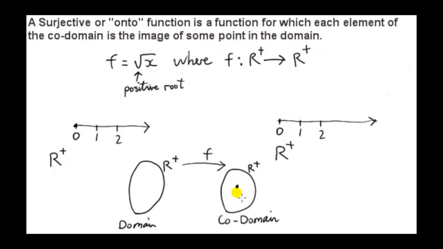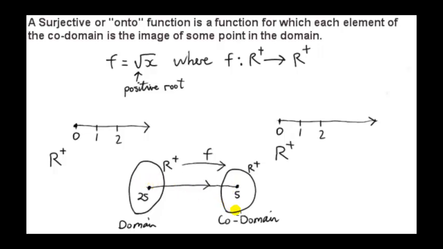So for example, let's take the element 5 in the codomain. That's a positive real number. It's obvious that we have an arrow pointing to it, and the input must be 25. The input for this function must be 25, and the output is 5. So it's true no matter what element we take in the codomain, no matter what positive real number we take, we'll always find at least one arrow pointing to it.